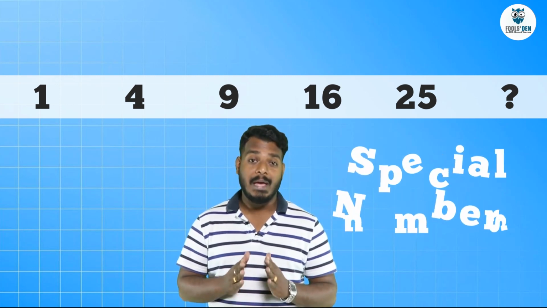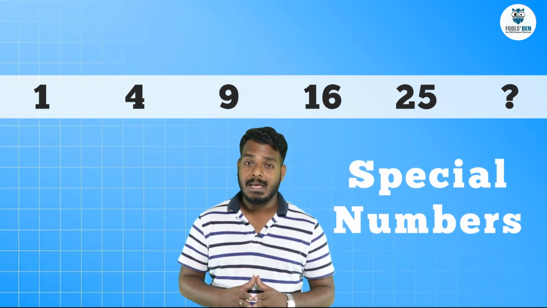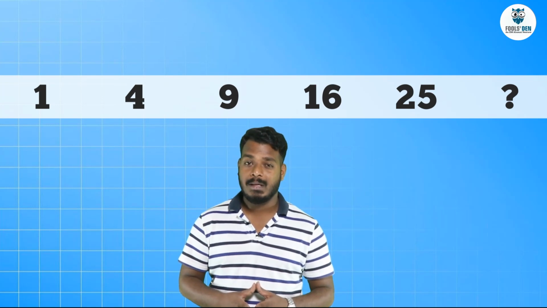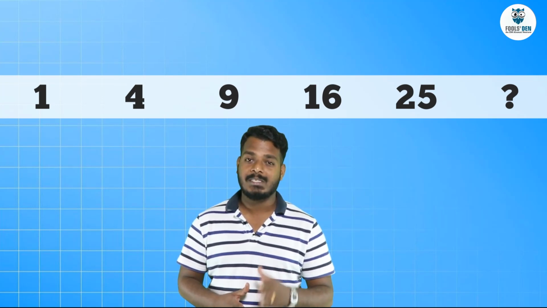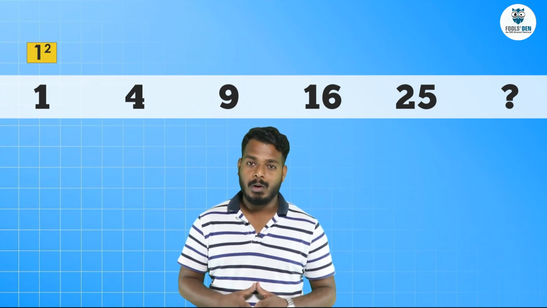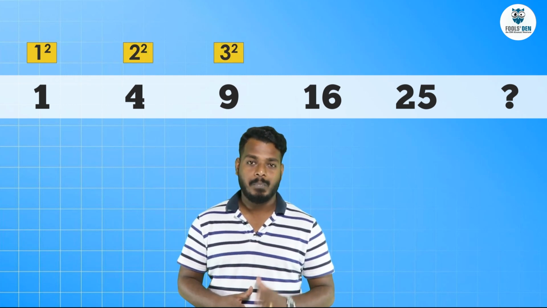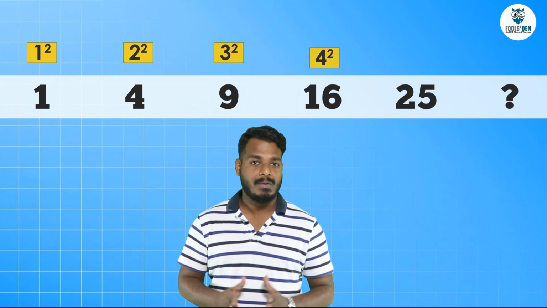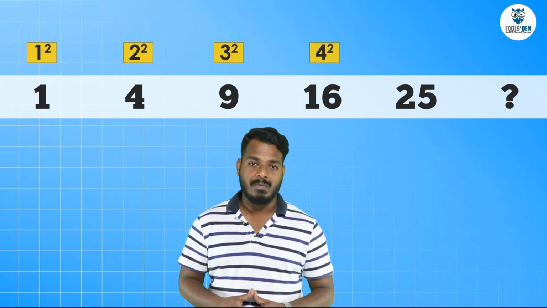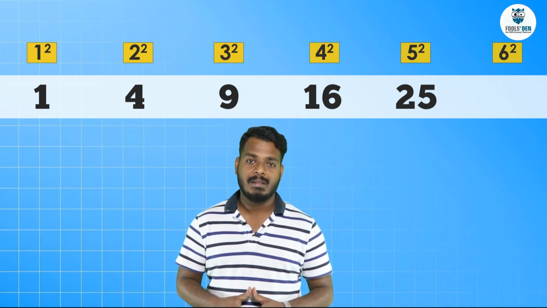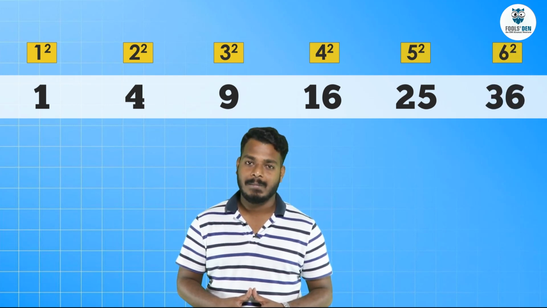They are not any normal numbers. Yes, they are squares of numbers. So the first one is 1 square, 4 is 2 square, 9 is 3 square, 16 is 4 square, 25 is 5 square. So your answer should be 6 square, that is 36.